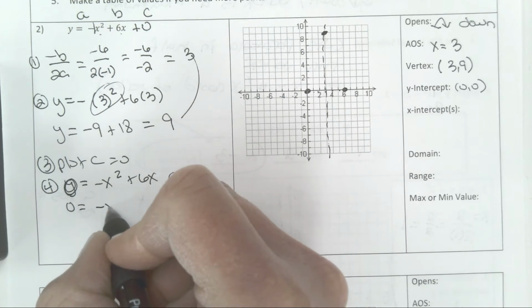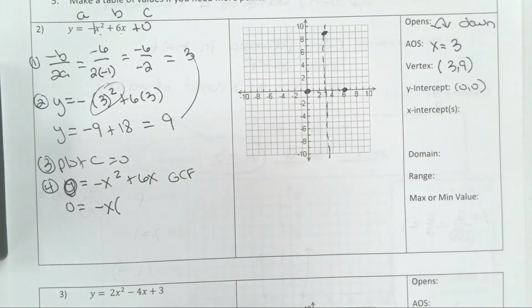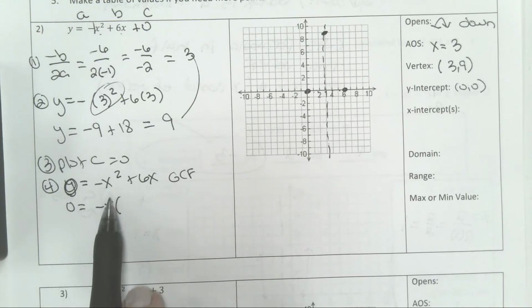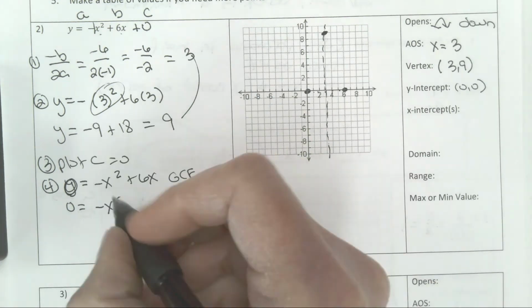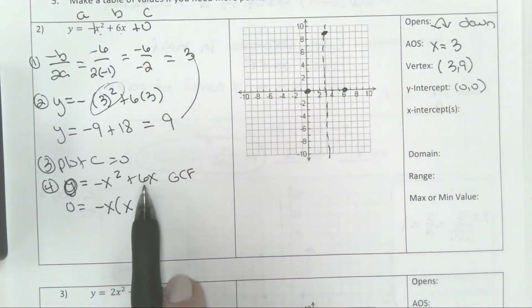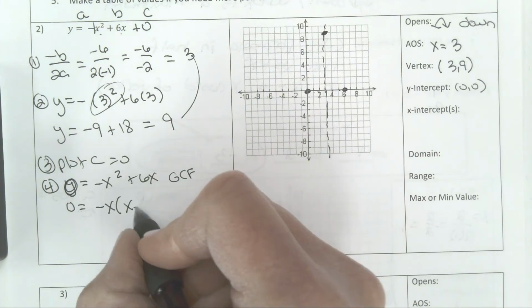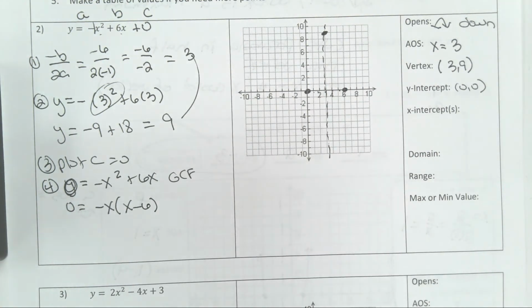So I'm going to factor out a -x, because I always factor out whatever the leading coefficient is, so their signs match. When you divide variables, you subtract exponents, so that gets me an x. And then I have a positive divided by a negative equals a -6.